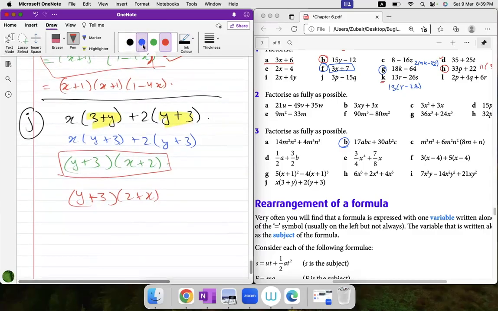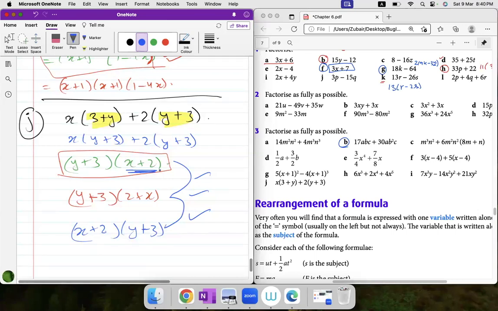And we could also write that bracket first, like (x plus 2) first and (y plus 3) after that. All three are the same. Oh, yes. It's the same here, yeah.